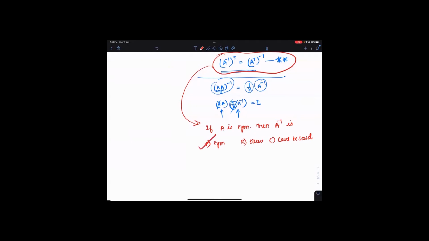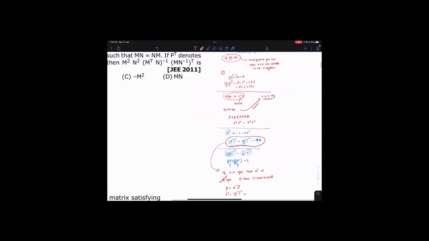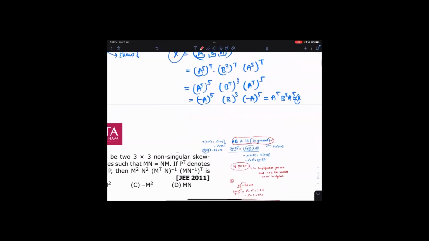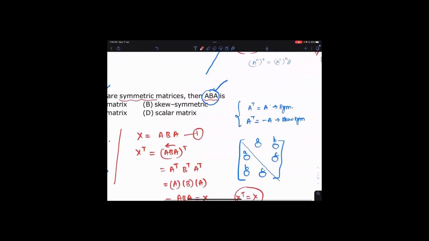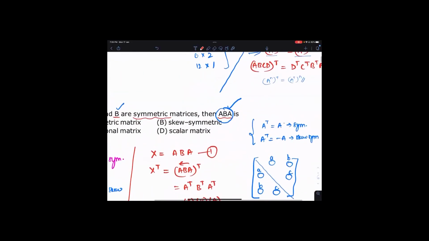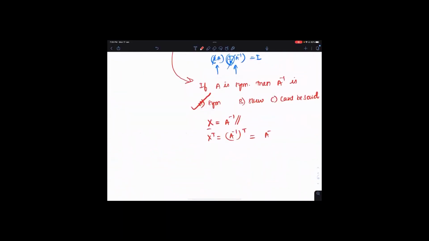The reason is very simple. Now, take X as A inverse. Now, X transpose is A inverse whole transpose, because we want to see whether A inverse is symmetric or not. That's why I'm taking it as X, just like we have taken it in the previous question. In these questions, X equals ABA, like that. Now A inverse whole transpose is A transpose whole inverse.